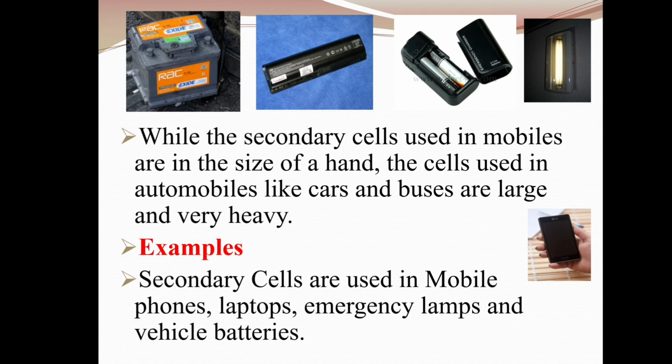And in automobiles like cars and buses, the batteries are big, very big and heavy. The examples of devices in which we use secondary cells are mobile phones, laptops, emergency lamps, and vehicle batteries.